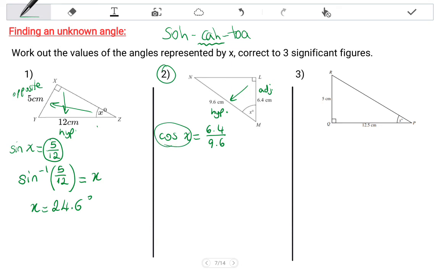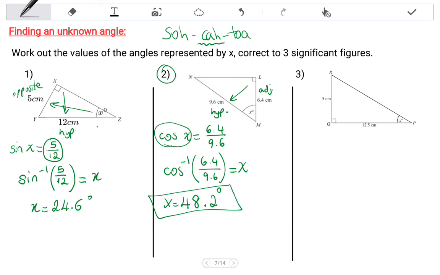I'm going to leave x alone by finding the inverse cosine of the value. First press shift, then press the cos button, and you will see inverse cos. Within the bracket, write down the ratio, and you'll have your answer x, which is, to 3 significant figures, 48.2 degrees in this question.